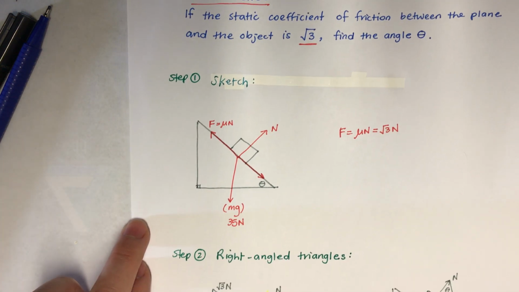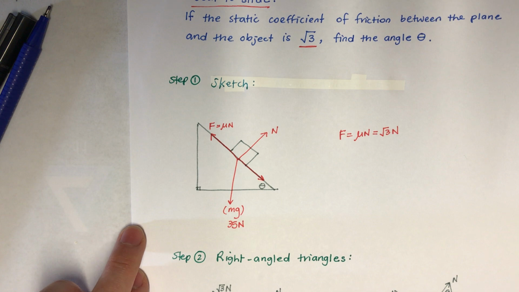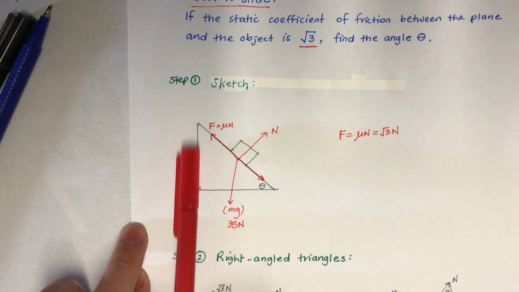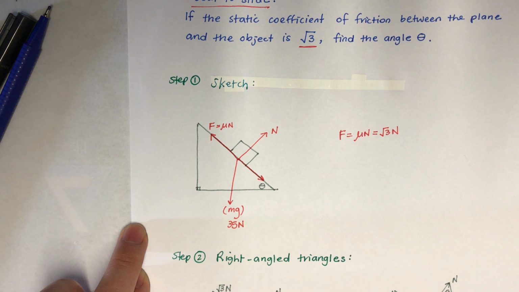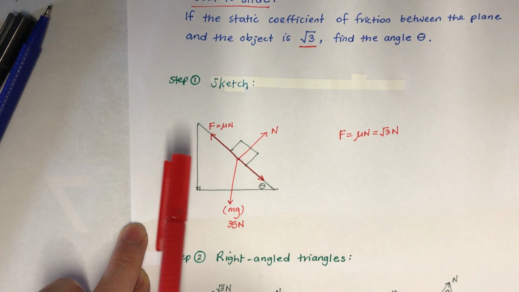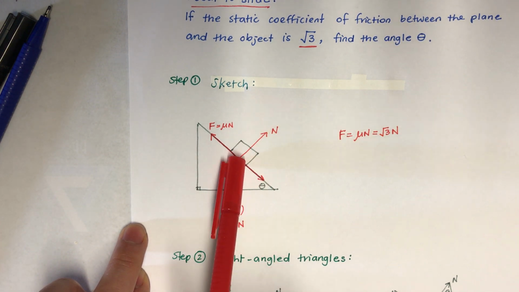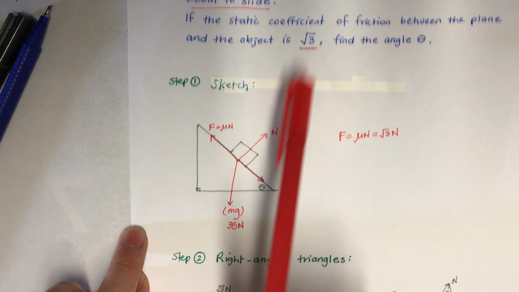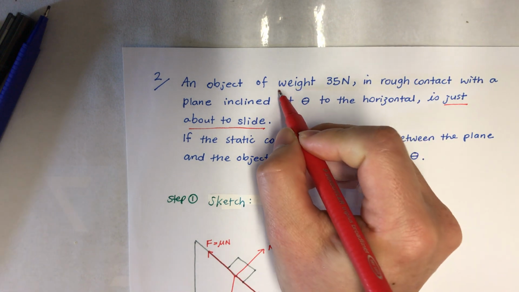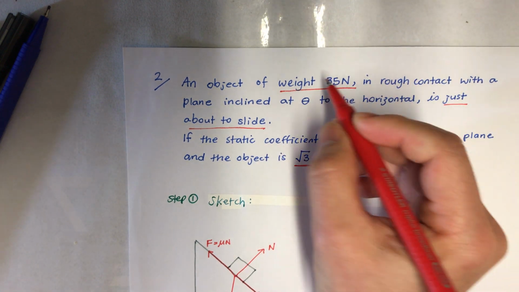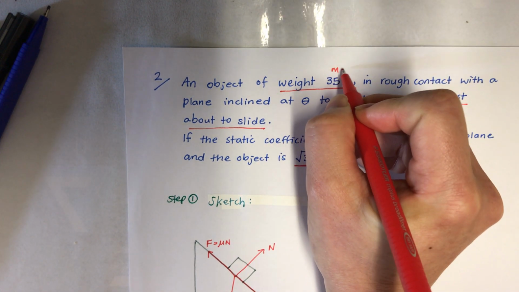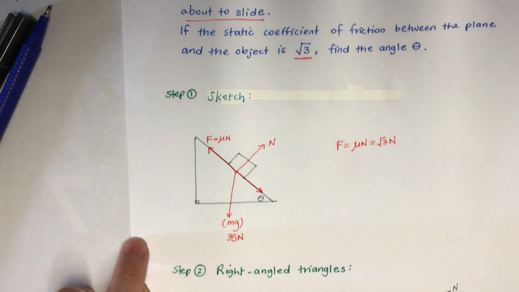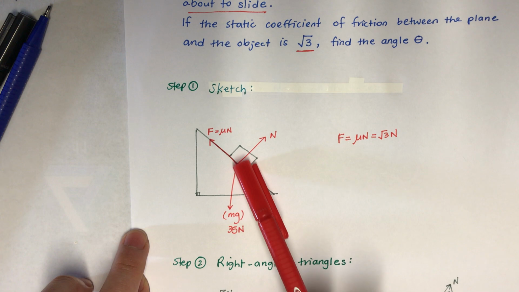So let's do a sketch first. Okay, I sketched this: a right angle triangle, because it's about to move, and there's a normal force, and mg is the weight, which is actually a force, guys. That's my force, so mg equals 35 newtons. And friction is there.